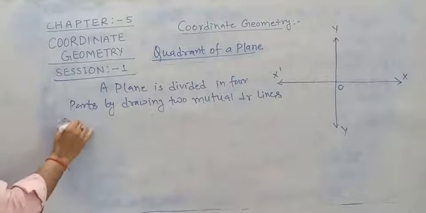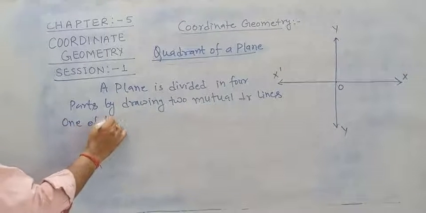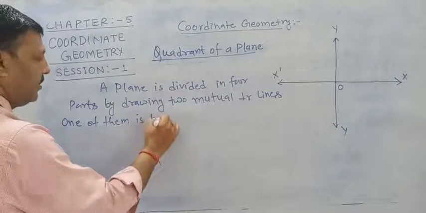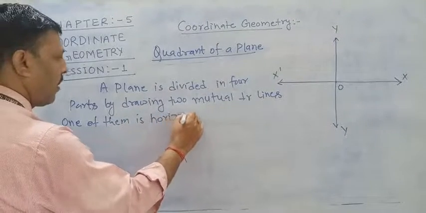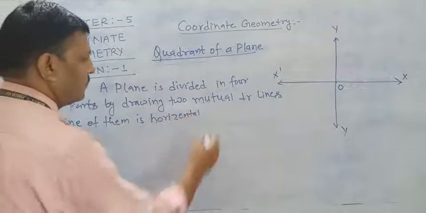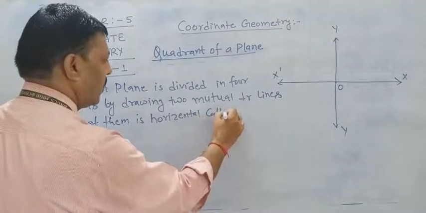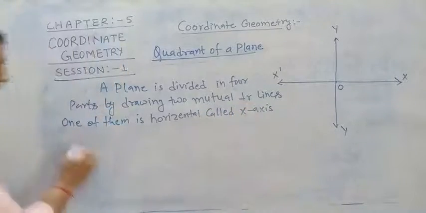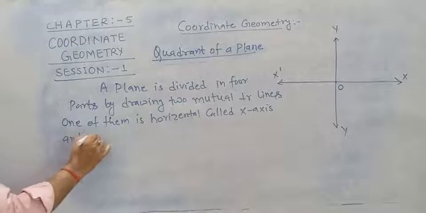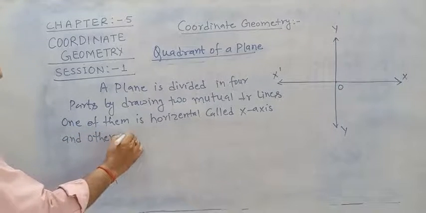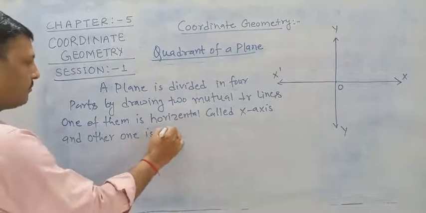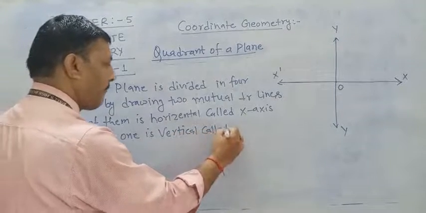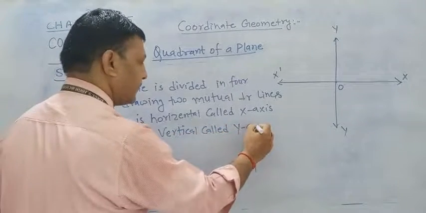One of them is horizontal, called x-axis, and the other one is vertical, called y-axis.